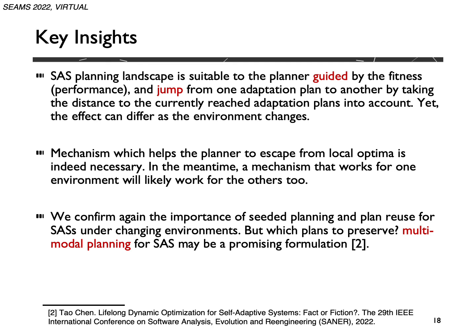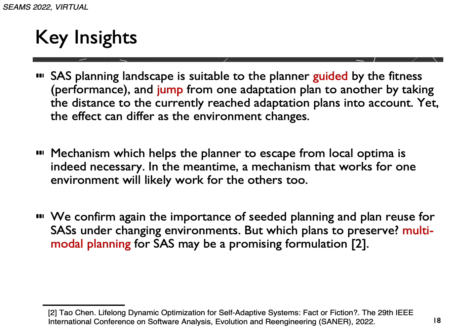Secondly, we show that the landscape could be very rugged and difficult to deal with. That means a mechanism which helps the planner to escape from local optimal is indeed necessary, and a mechanism that works for one environment will likely work for the others too.